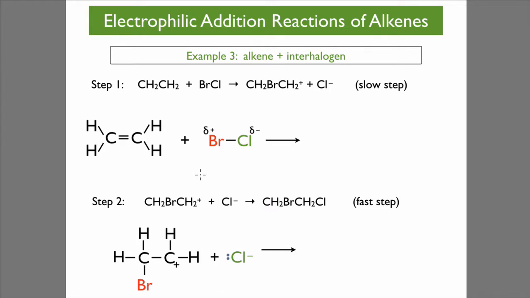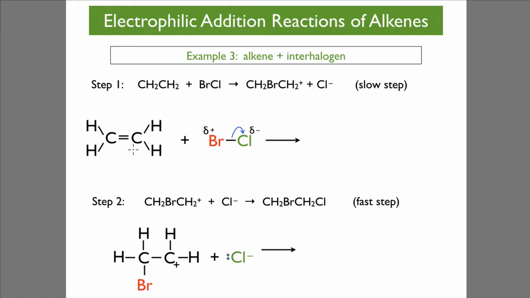Third example, we've got an alkene and an interhalogen. Interhalogens are molecules which have two different halogens. So this time we've got ethene reacting with this molecule here. The chlorine is more electronegative than the bromine, so the electron cloud is going to push towards here, making a negative dipole and a positive dipole.